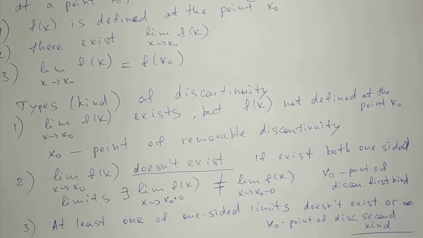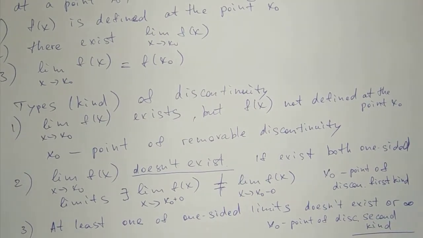So we have three types of point of discontinuity. The first one is removable discontinuity, when the limit of f(x) exists at the point x0, but f(x) is not defined at x0.